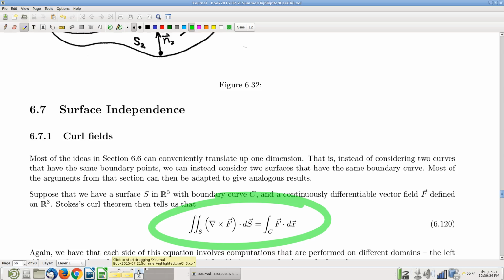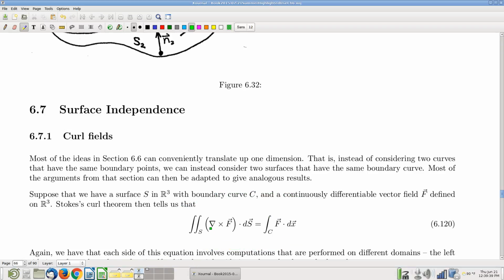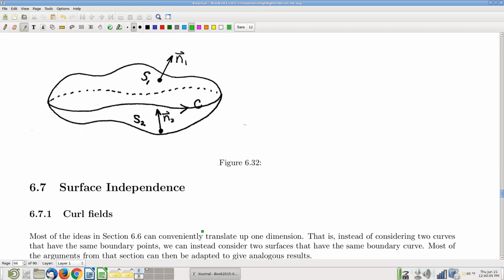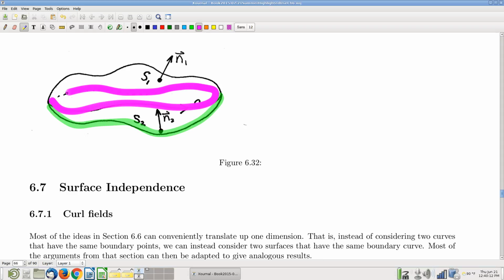Here it is. And notice what this says: if you're looking at a flux, but not just some random flux, not a flux of any vector field, but a flux very specifically of a special vector field, a curl field, I can view that flux instead as a line integral, specifically a line integral around the boundary curve, the boundary of that surface. And if this flux can be computed as a line integral around that boundary, and this flux can be computed as a line integral around its boundary, well, they have the same boundary.